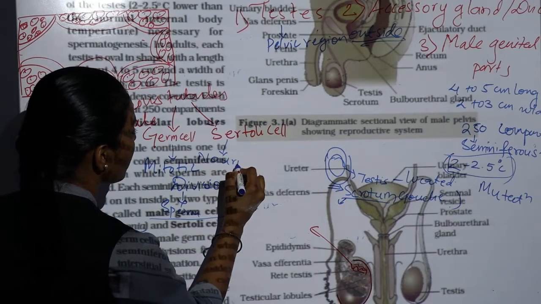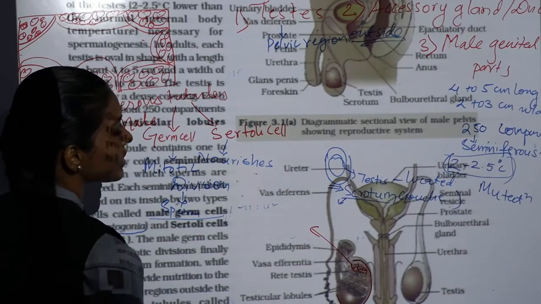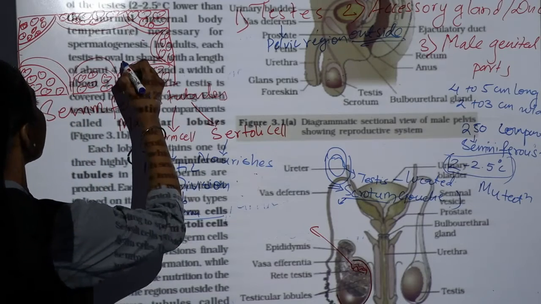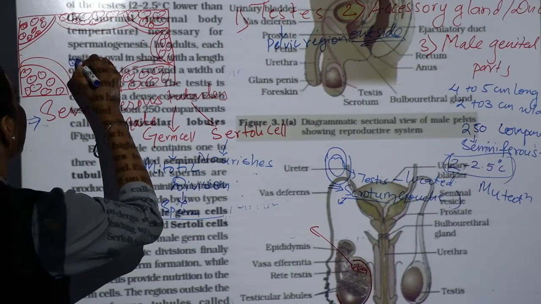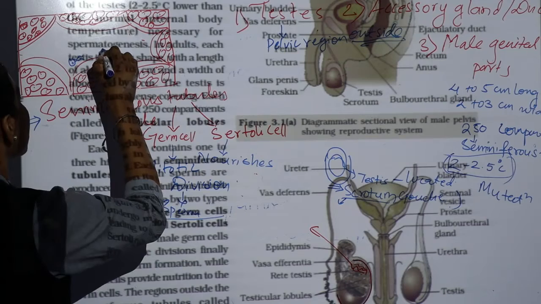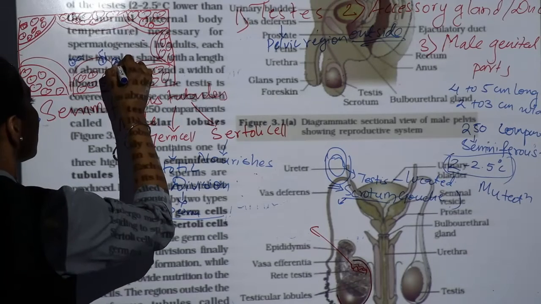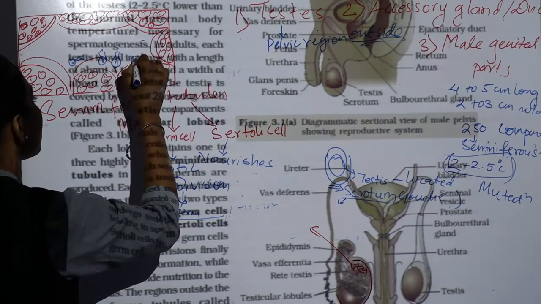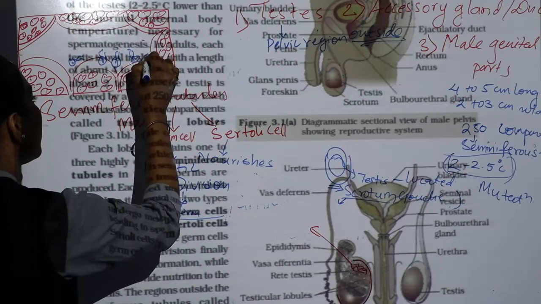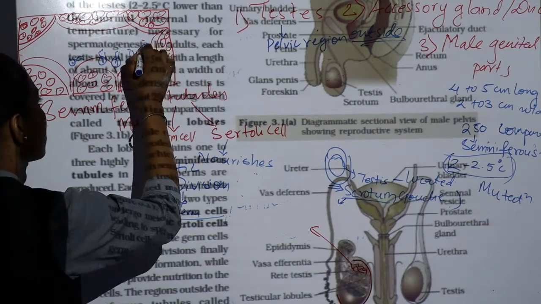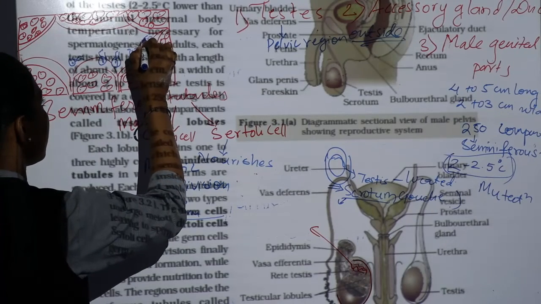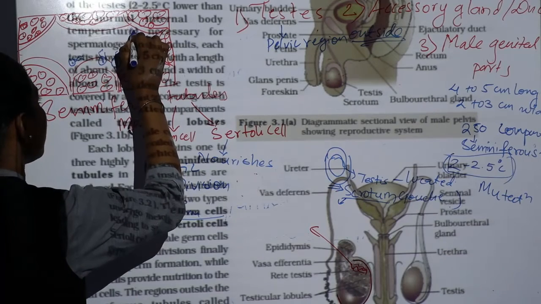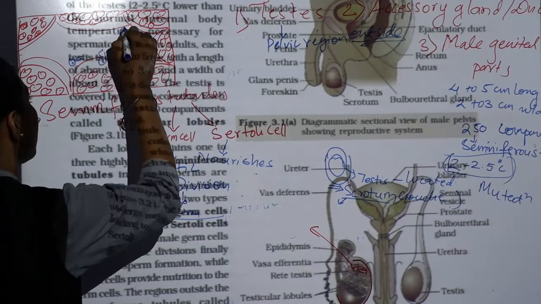They nourish the germ cell. Here you can see some cells are there. These are somewhat lining if you see. Observation of this seminiferous tubules and the sperm part is there in your practicals also. The permanent slide, if your school has it, then the teachers assigned for that will definitely show you.